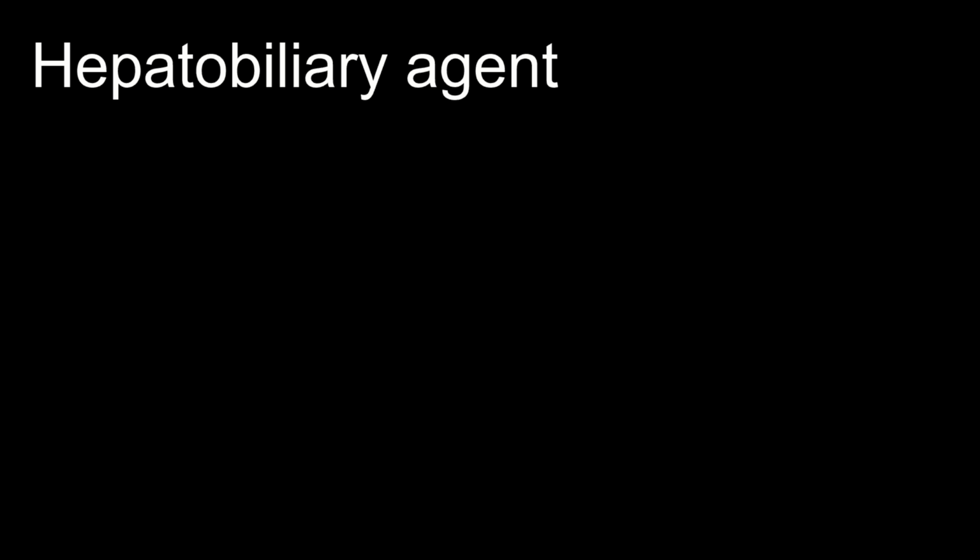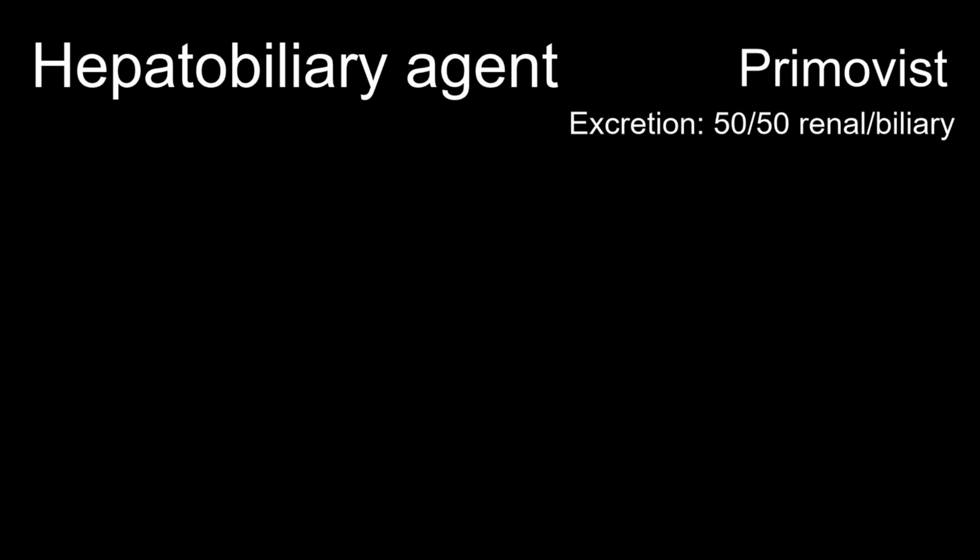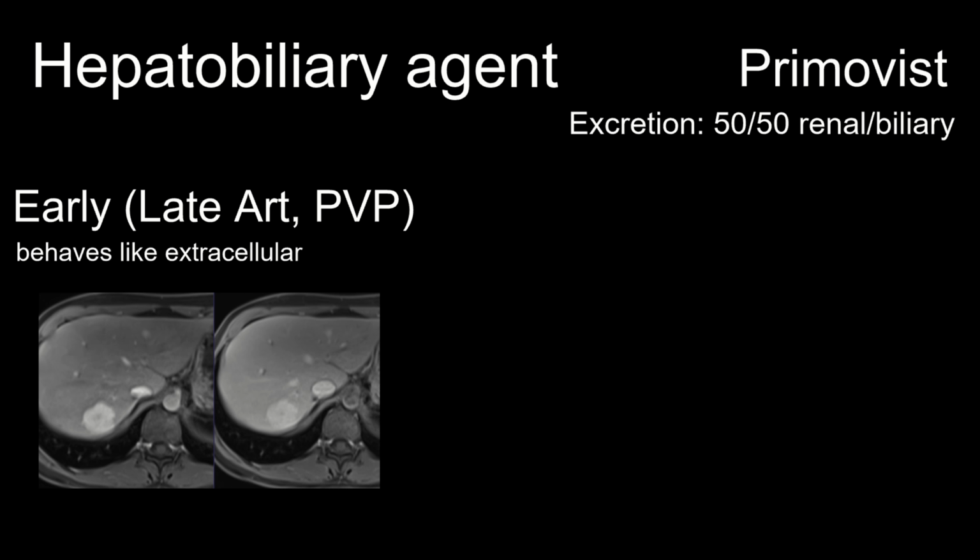So for routine liver imaging, we use these extracellular contrast agents. But there are some circumstances where it's helpful to use a hepatobiliary specific contrast agent called gadoxetic acid, trade name Eovist in the US and Primovist elsewhere. I'll use Primovist because I'm from Toronto, Canada. Primovist is excreted both by the renal and hepatobiliary system, about 50-50. And so early after injection, it behaves like an extracellular contrast agent that you're used to.